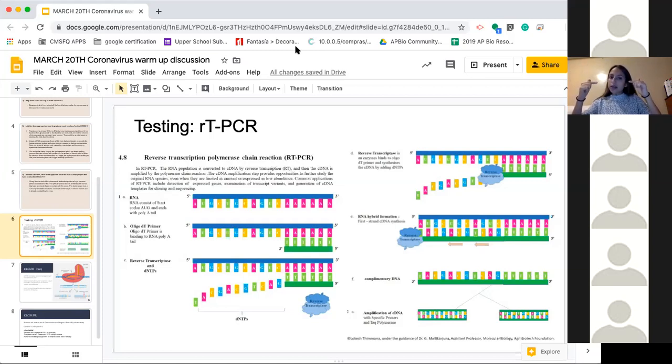That is your reverse transcriptase system, because normal transcriptase is from DNA to RNA. This is reverse because it's RNA to DNA. The reason we need it to be DNA is because you can only do polymerase chain reactions with DNA. Okay, hopefully that makes sense.